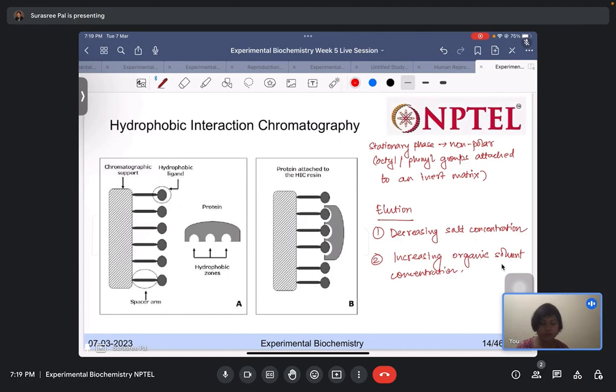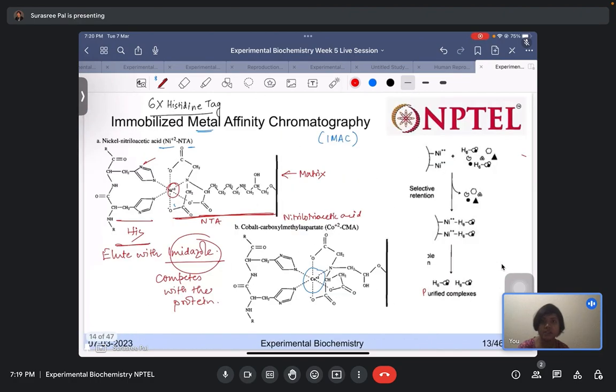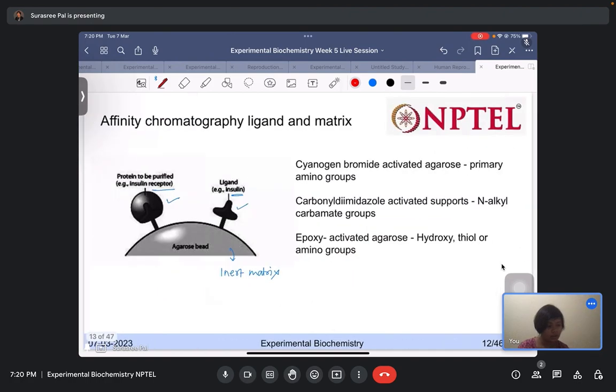One thing that I forgot to tell you: in affinity chromatography there can be several other types of affinity chromatography as well. For example, if we want to purify an antibody, we link the antigen to the agarose.